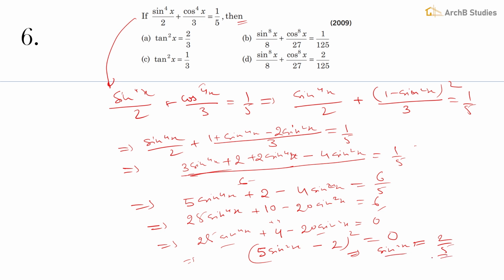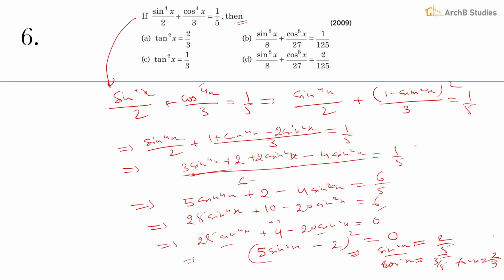Now since this is 2 by 5, cos^2 x will be 3 by 5, 1 minus this thing. Similarly, tan^2 x will be equal to 2 by 3.